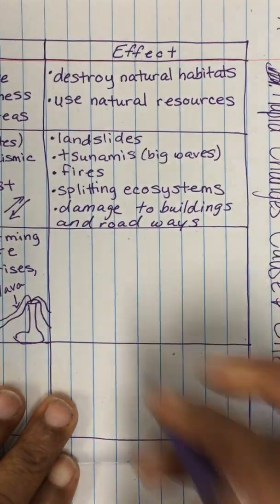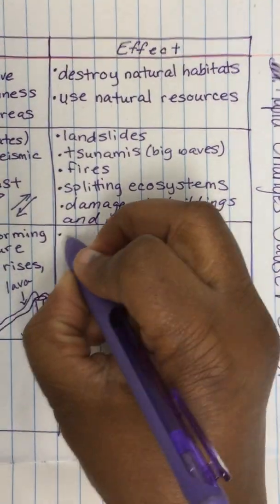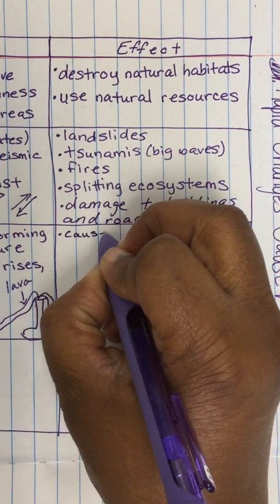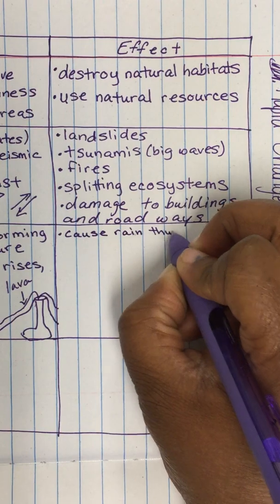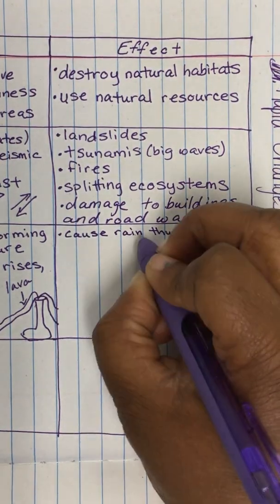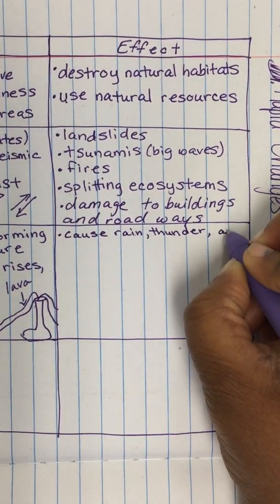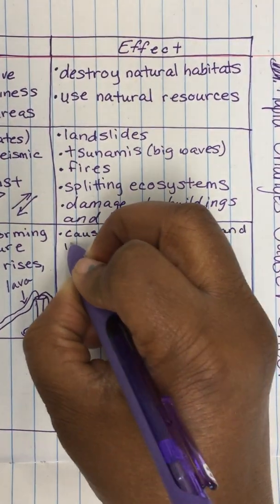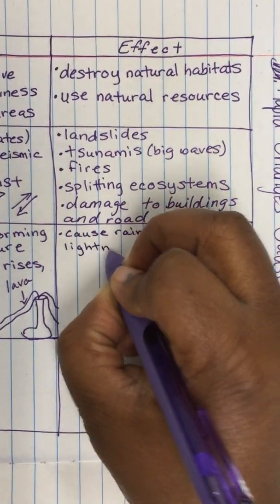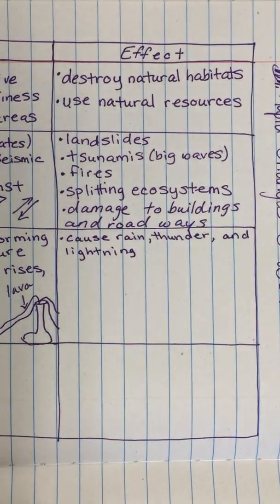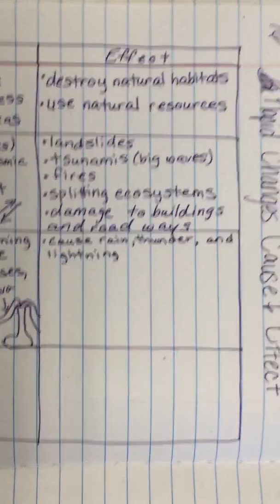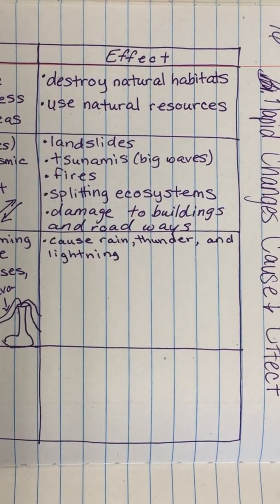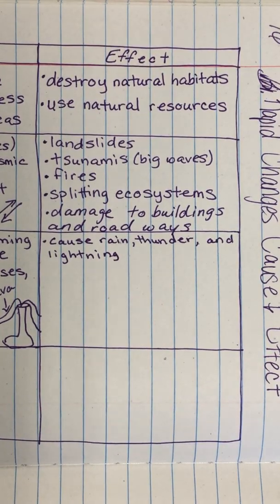Effects of our volcano. It can cause rain, thunder, and lightning. The way it causes those, the ash particles will act as a cloud, and as you guys know, once the cloud has enough water, it will start to rain.